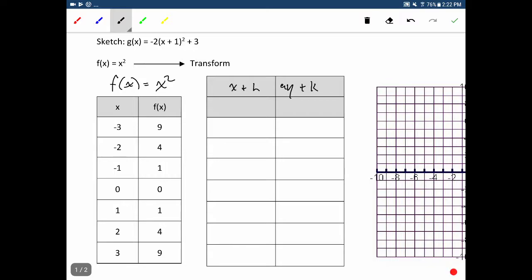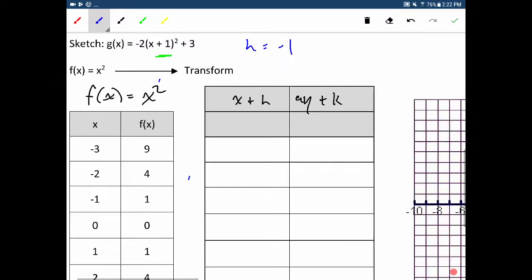If we look at the function here, g of x, our h value is right there, except remember you have to change the sign. So our h value is actually equal to -1. Then our a is -2, and our k is 3.